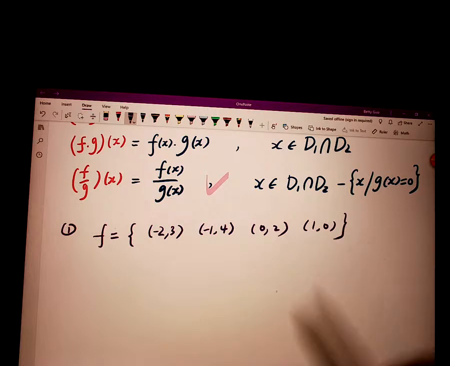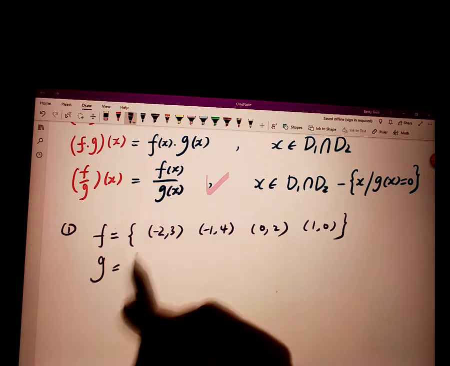When we talk about the definition of a function, we start from relation. Remember that? A relation is a set of ordered pairs. On top of that, if for each domain element there's only one range element, then we call the relation a function. So this is a function f.